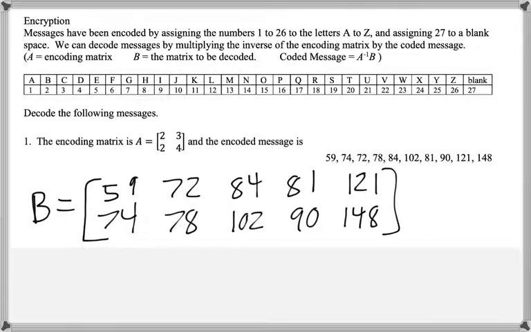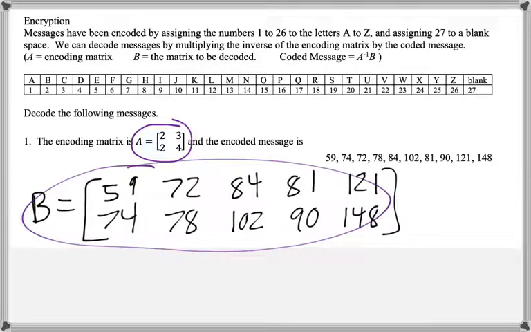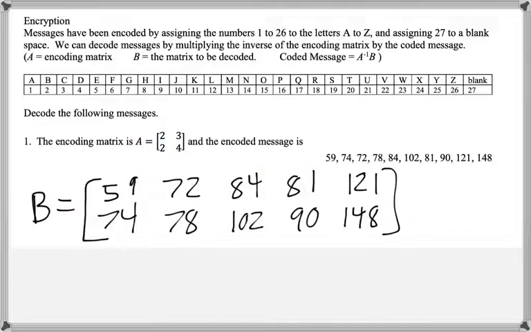On the calculator, I want to enter matrix A into matrix A and matrix B into matrix B. And then I'm going to calculate A inverse times B. And this is what I get.